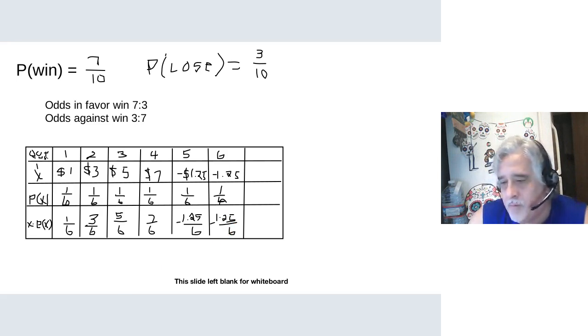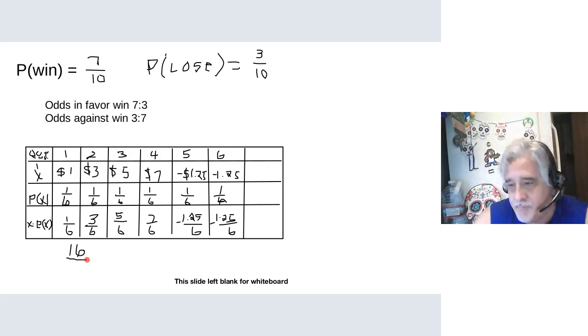And it was negative 1.25. All right, so what I'm going to do is add all of the positive ones up. So that's 16/6. So that's all of these here.